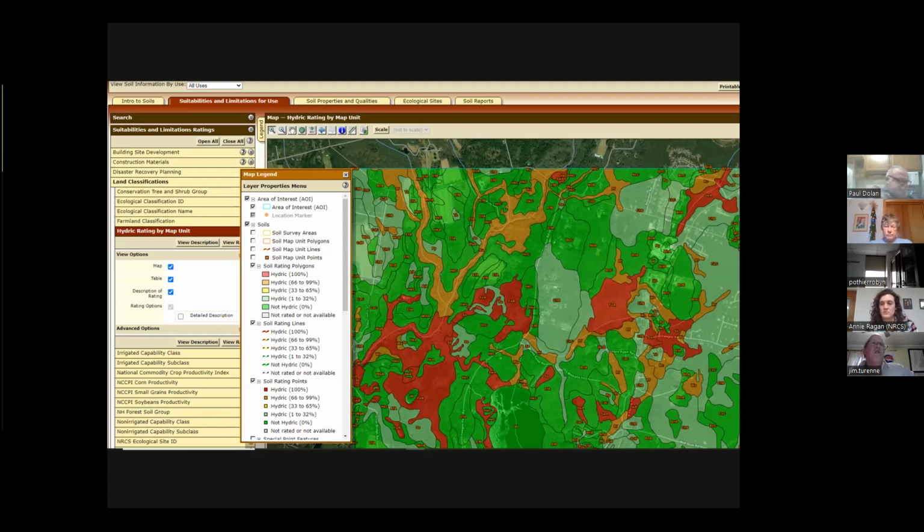This slide just shows you basically when I was talking about those interpretations. This is one of the beauties of our soil maps: it's not just telling you the basics of the soil. It's also providing interpretive information. I can just look at this map and say anything in red is a hydric soil, 100% hydric. You're probably not going to be able to develop that.